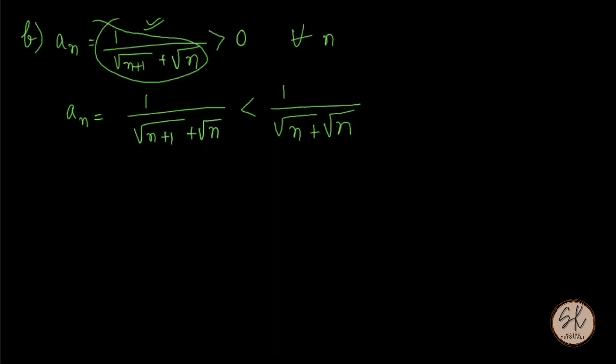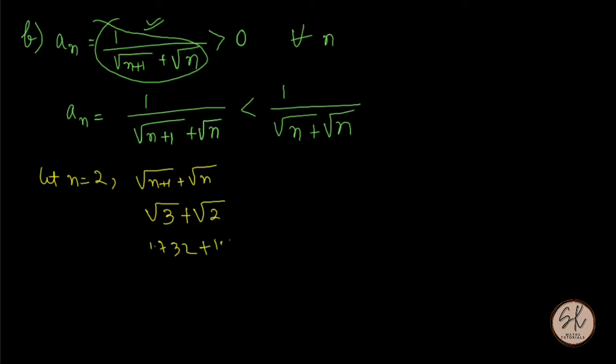Take n to be 2. Then √(n+1) + √n will be √3 + √2, that is 1.732 + 1.414, which is 3.146.